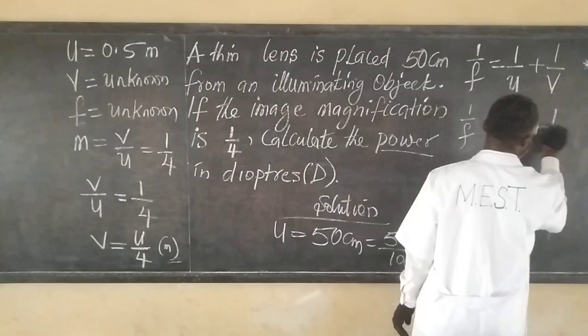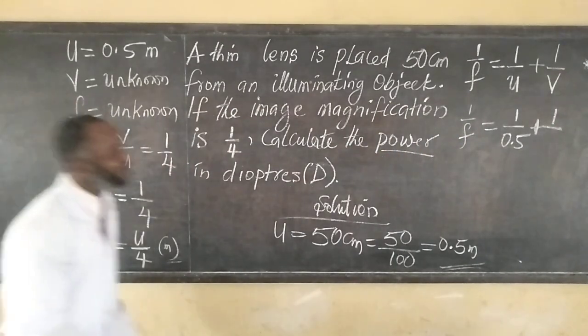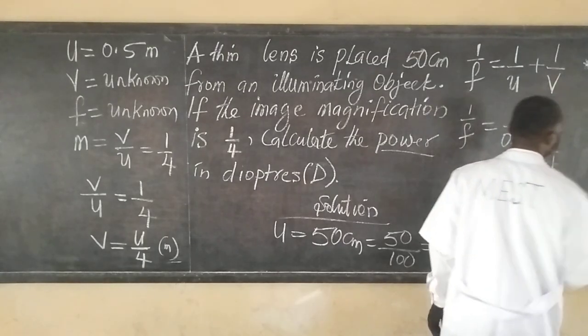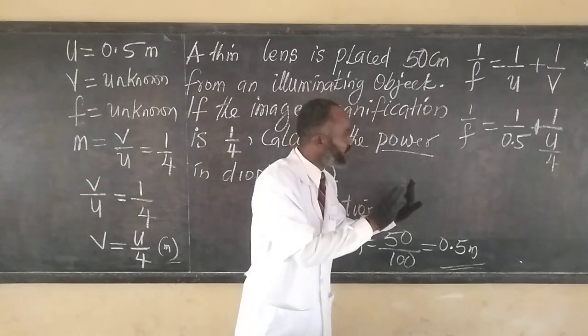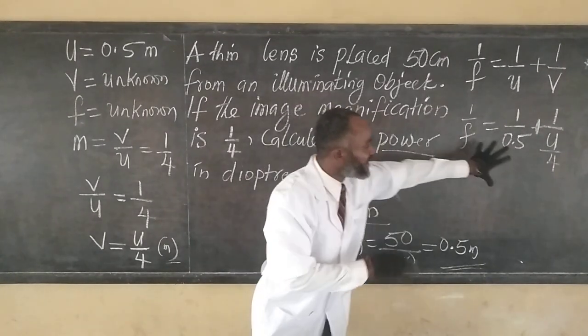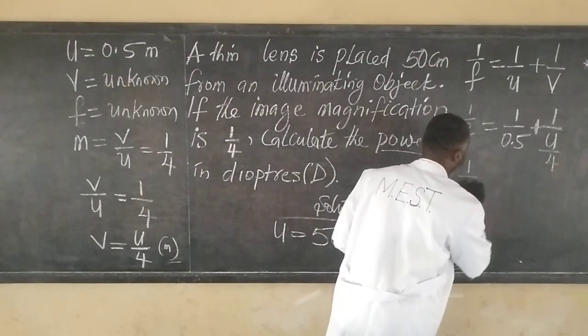Our v here is u/4. If we do simple transposition, we get something different for 1/f.